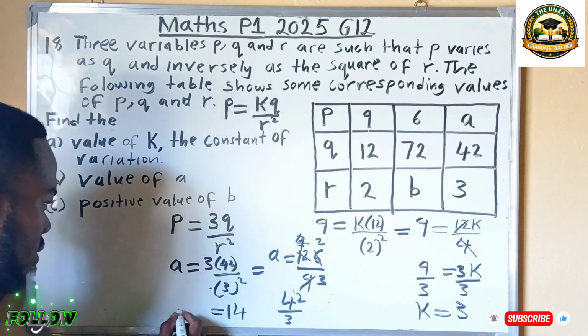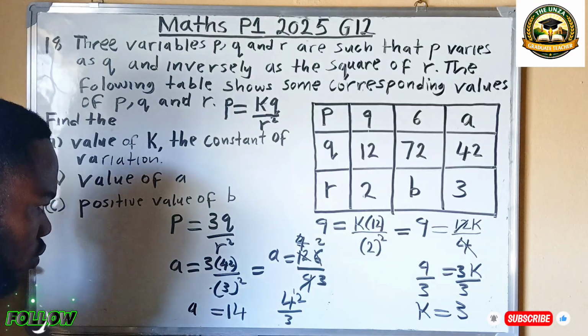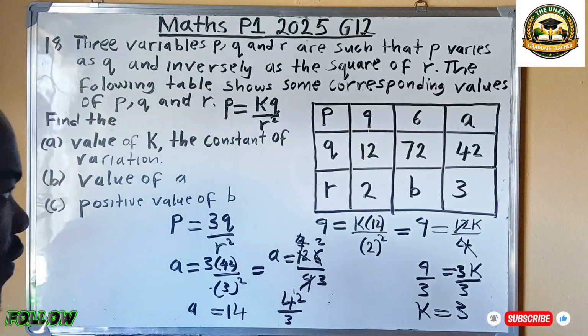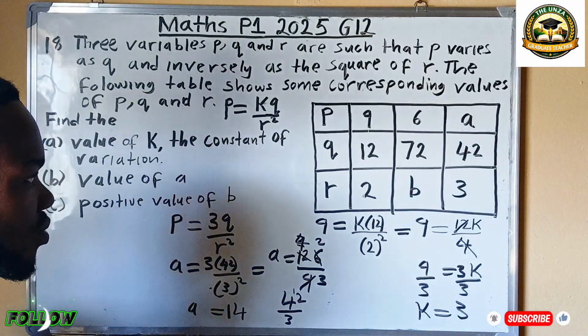So the value of A is equal to 14. That's how you find the value of A.